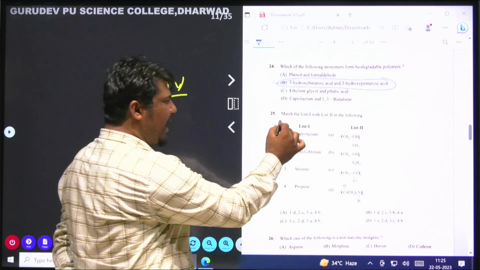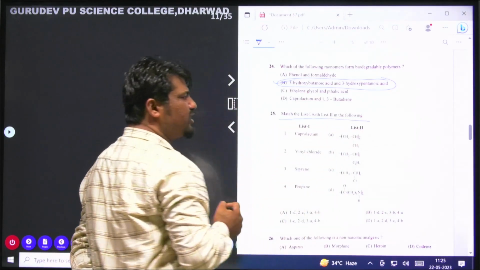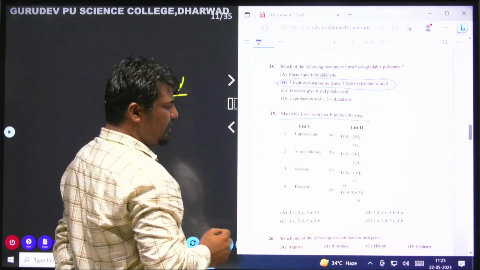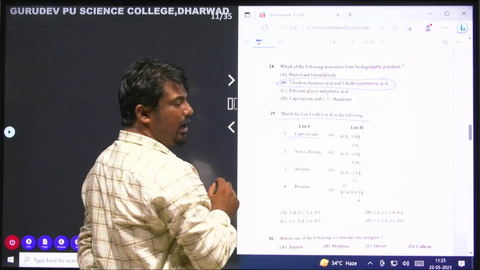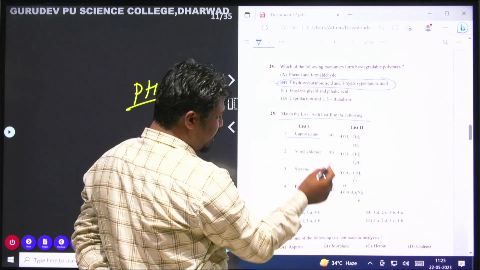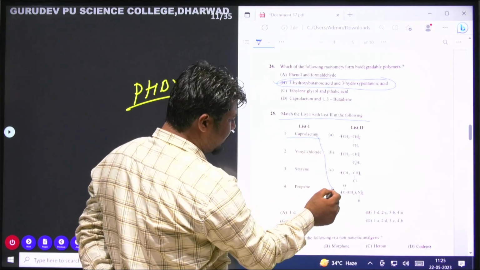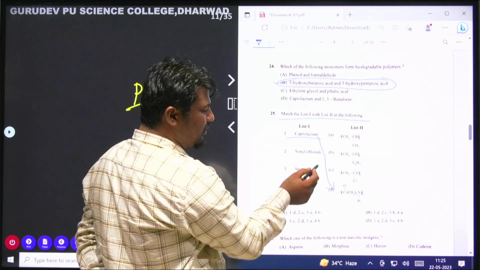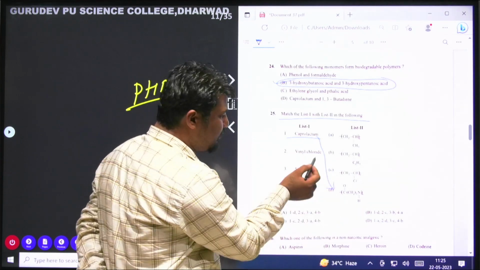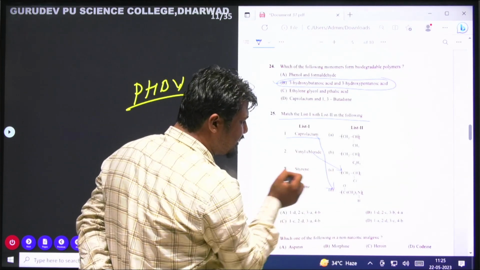Next, match list first with list second in the following. So here the caprolactam. Caprolactam is for polyamide. For the polyamide preparation, we require this molecule. Next, vinyl chloride. That we know is polyvinyl chloride, PVC. For PVC we require vinyl chloride as a monomer.